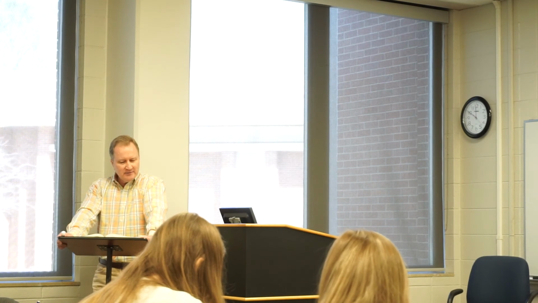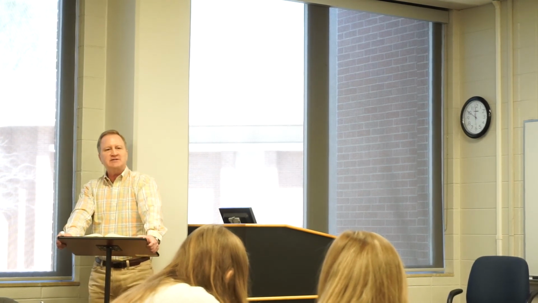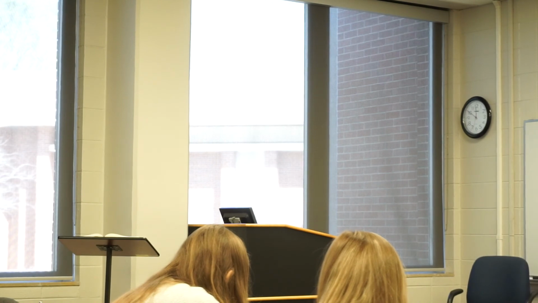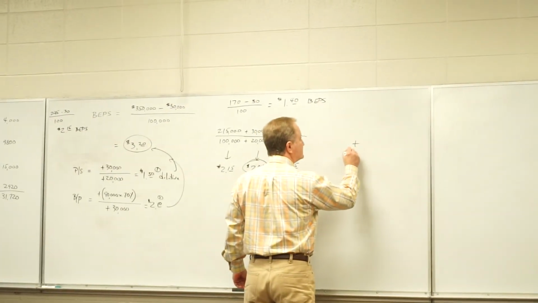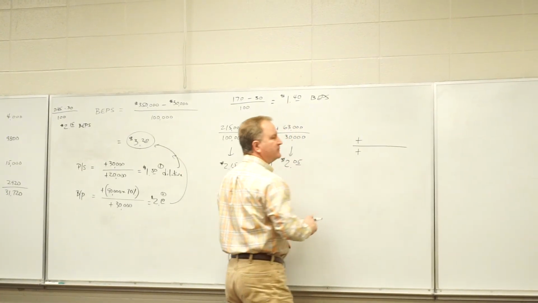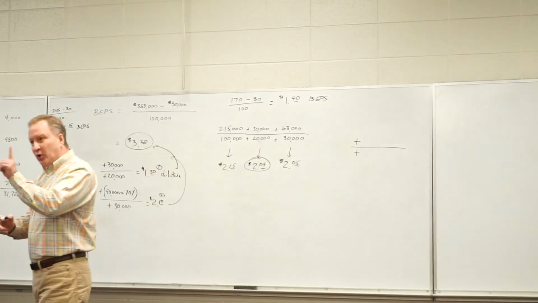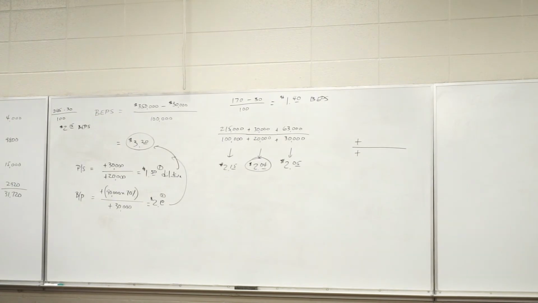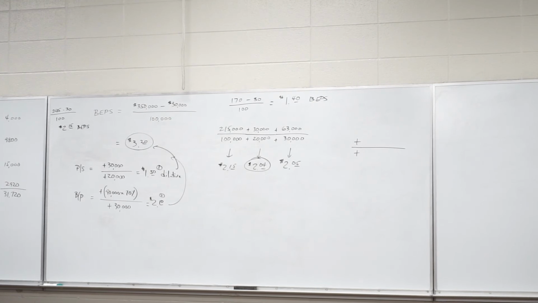10% convertible bonds. Okay, this is potentially dilutive. Issued at par. Each $1,000 bond is convertible into 20 shares of common stock. So if it's a $1,000 bond at 10%, if you converted that one bond to shares of stock, how much interest would you save? 10% times 1,000 would be $100, right?